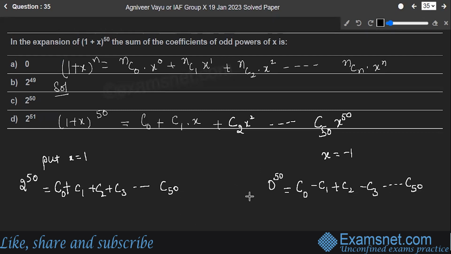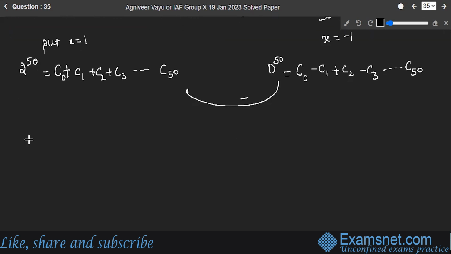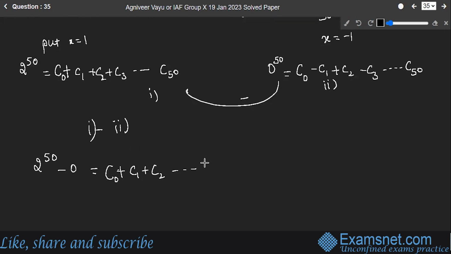Now, subtracting these two equations, I'll perform equation 1 minus equation 2. So this will be 2^50 - 0 equal to (C0 + C1 + C2 till C50) minus (C0 - C1 + C2 - C3 till C50).